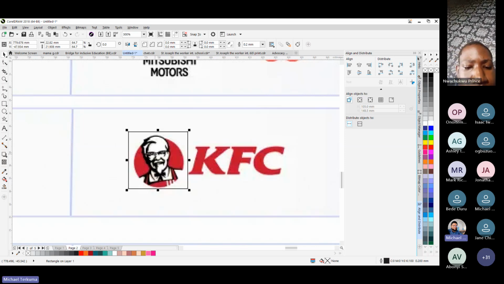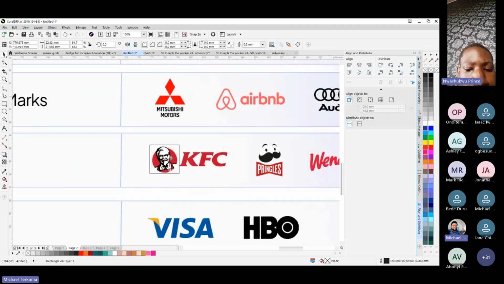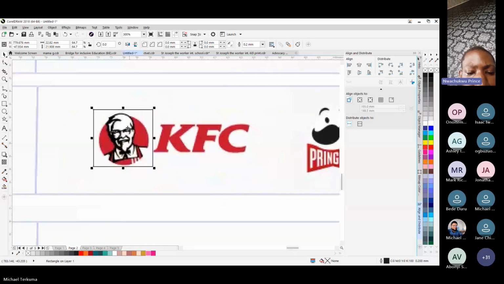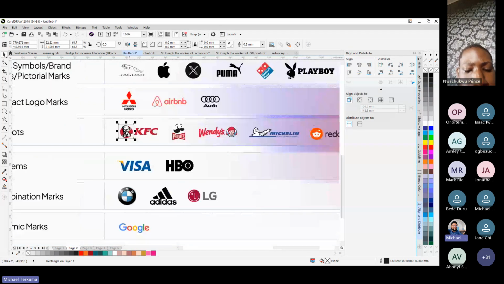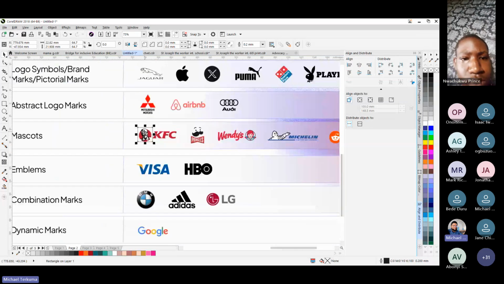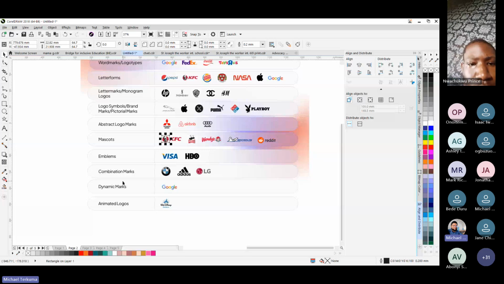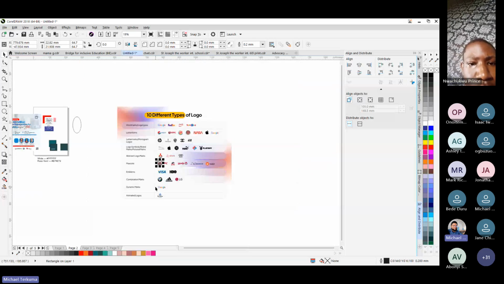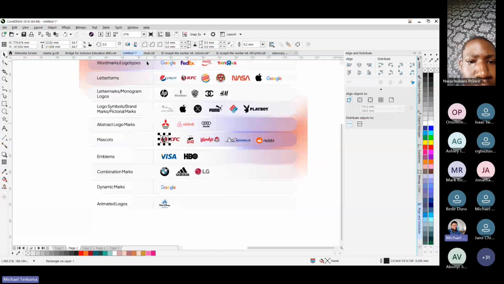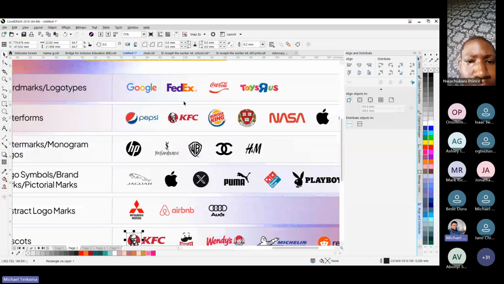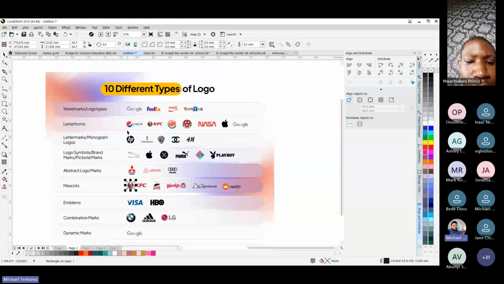I don't know if KFC's is the owner, but that is how it came. It's a pictorial mark. Even in this text, some of them are combined, like Google with its word mark. Most of this information is online, so any logo that confuses you, you can look up.